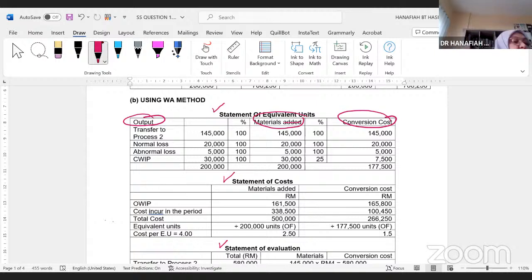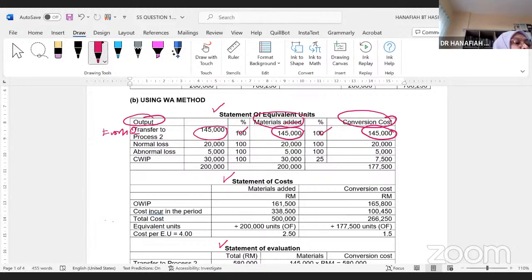All right. So which is actually 145. We know that it is 100% and 100%. So the whole amount is 145. All right. So that is the figure. This is from the question. The information is from the question. Transferred to process.